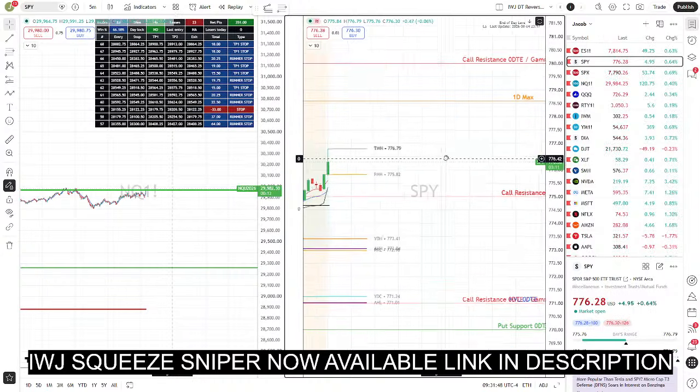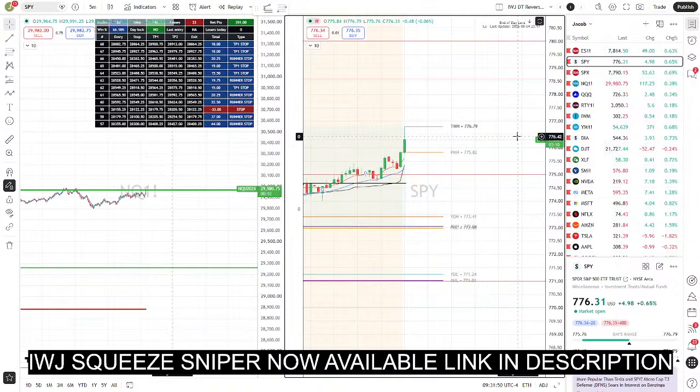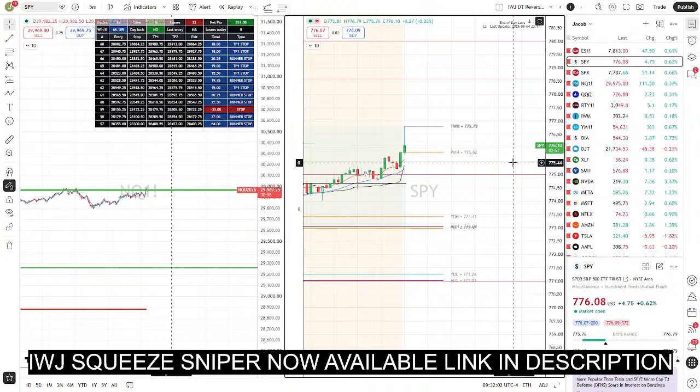And when they're underwater, they have to hedge. So they have to start buying futures or selling futures if the market's going down. So remember, every time you buy an options contract, somebody has to sell that to you. It's a two-person game. It's a zero-sum game. There's one winner and one loser. And the market maker is usually the one selling you that options contract.